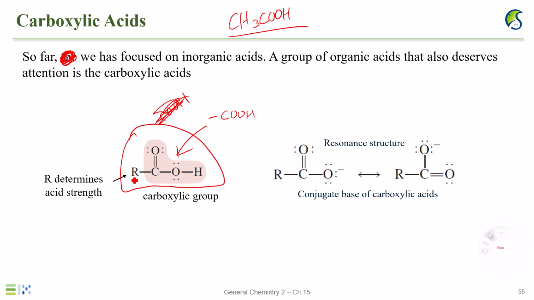And depending on what functional group R is attached to this carboxylic group, it determines the strength of this carboxylic acid. And if this carboxylic acid is ionized, and this H plus is detached, you will have this carboxylic acid anion.